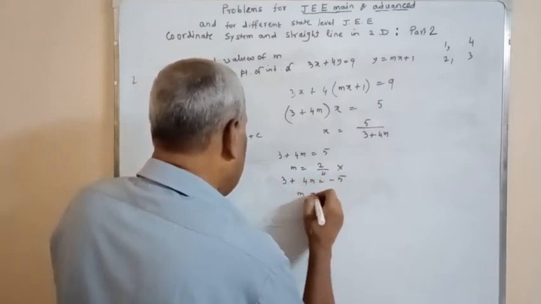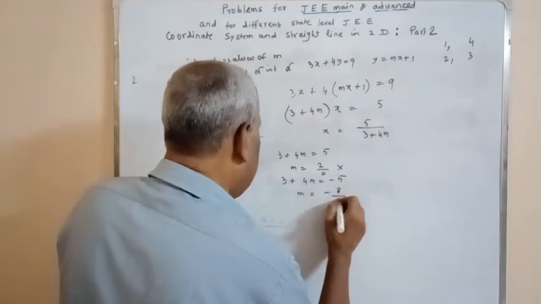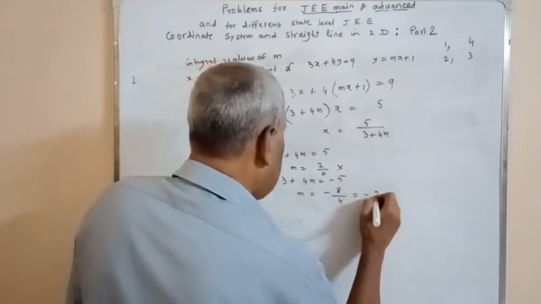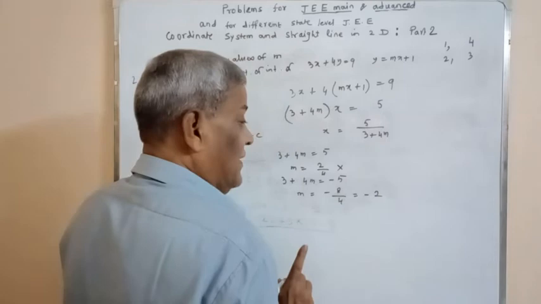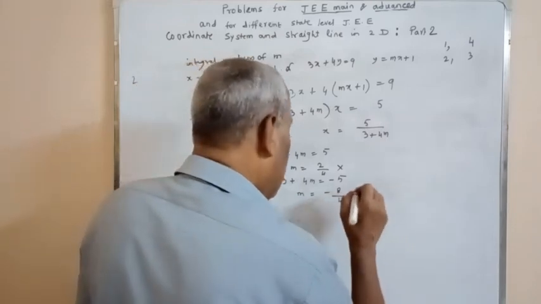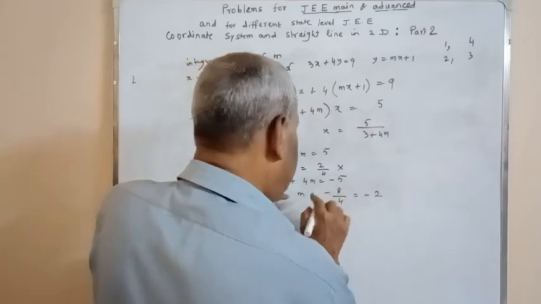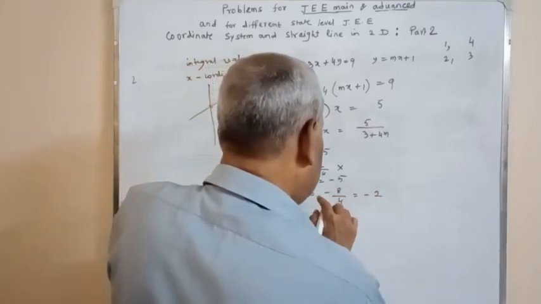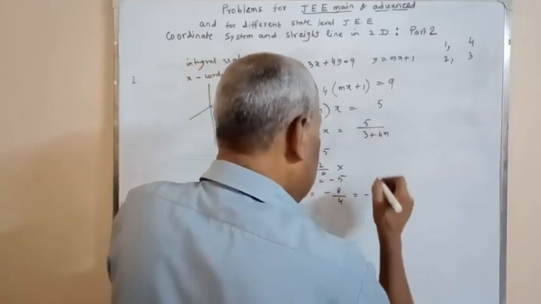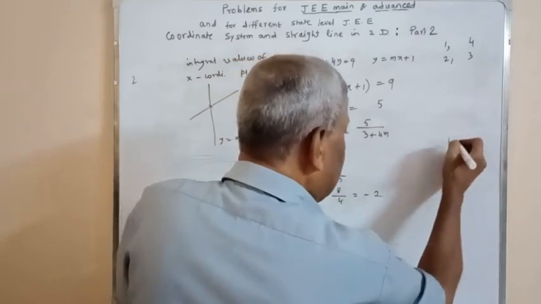Therefore, m is equal to minus 8 by 4, which is minus 2, an integer. So one possible value is there. m is an integer and this is also an integer. So one value I get.